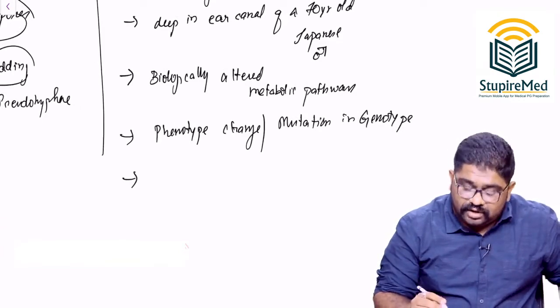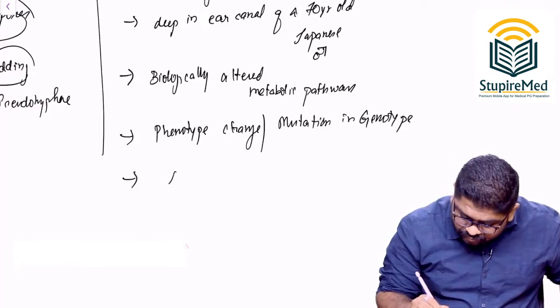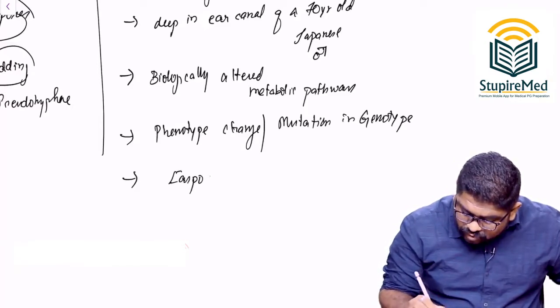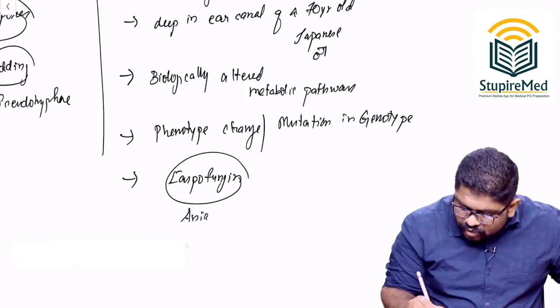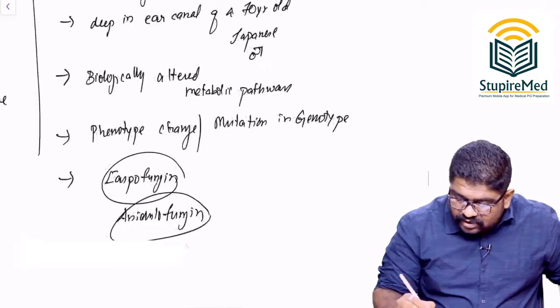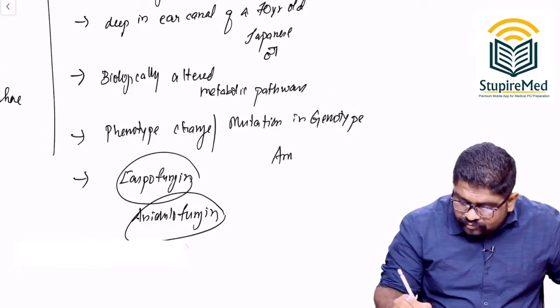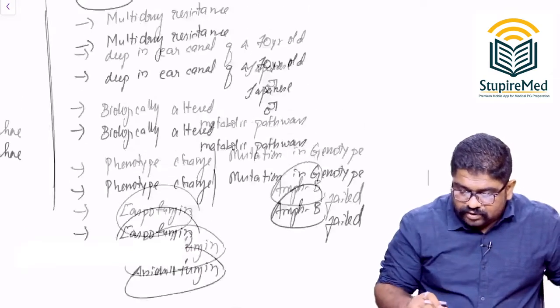The azoles have failed. So they have right now shown some minimal amount of effect using caspofungin drugs or anidulafungin drugs. Even amphotericin B is a failure. Amphotericin B has failed against this organism, Candida auris.